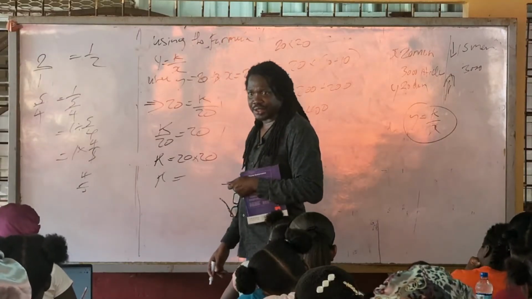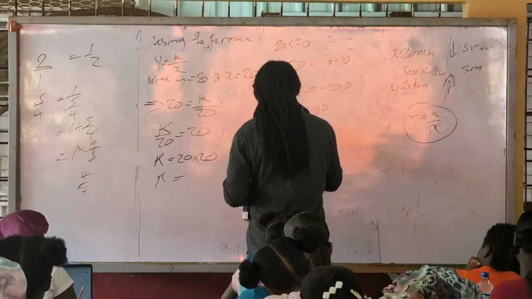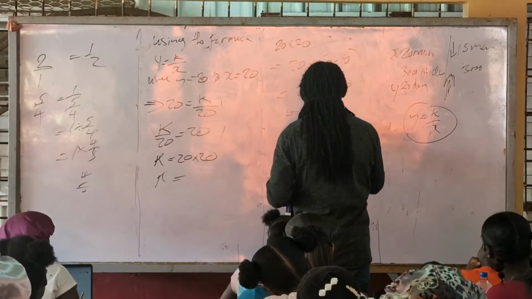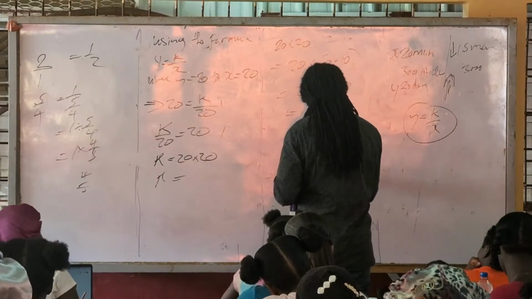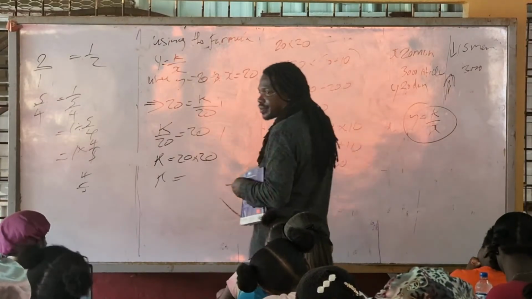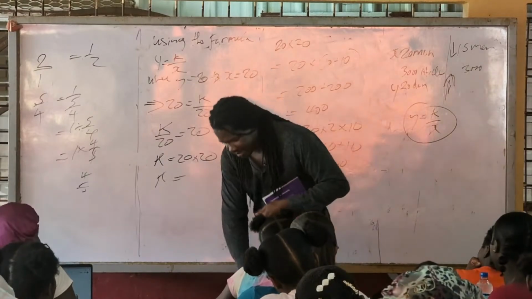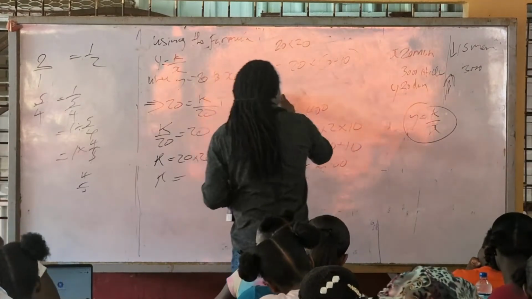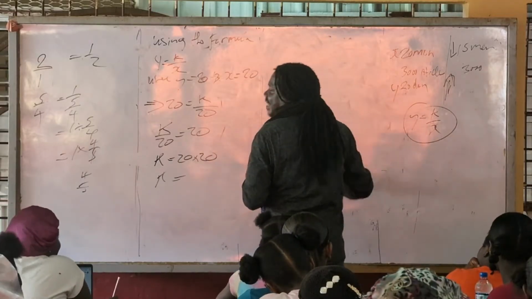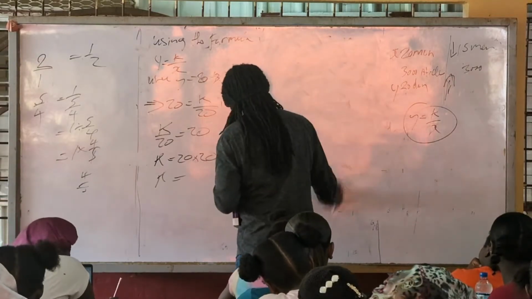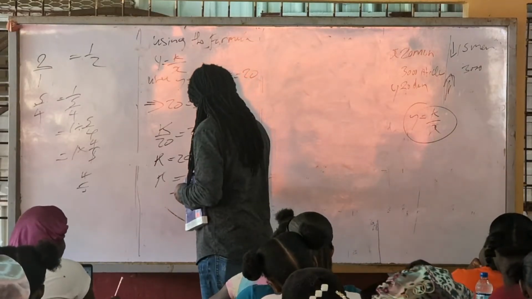Too much shortcut. 20 times 20 is equal to 20 times 2 times 10, which is equal to 40 times 10, which is equal to 400. First of all, 20 times 10 is 200. So 20 times 20 will be 40 times 10. Ready? So k equals what?